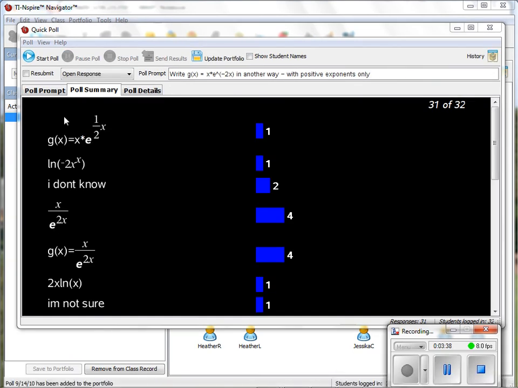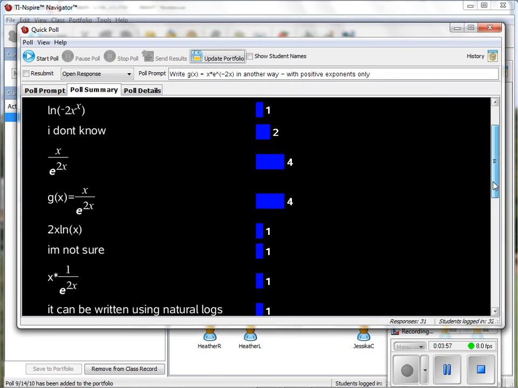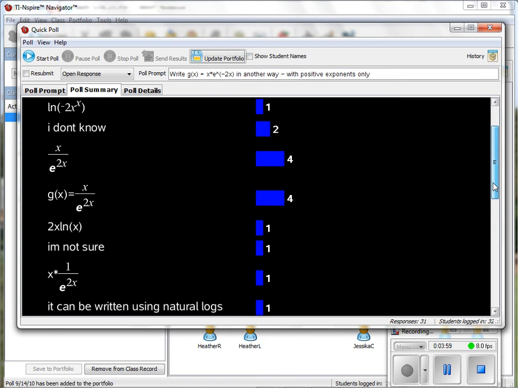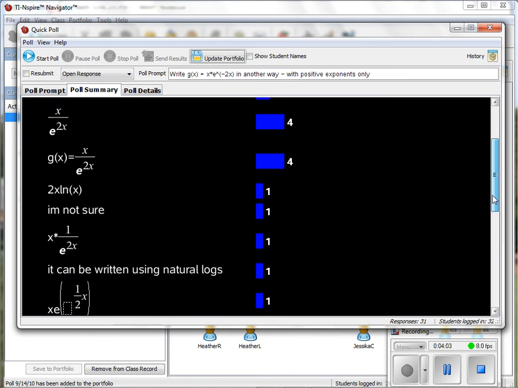There we go. We have x times e to the 1/2 x power. You know what? I think I had a question in my mind before, and I think I now know what the correct answer is.